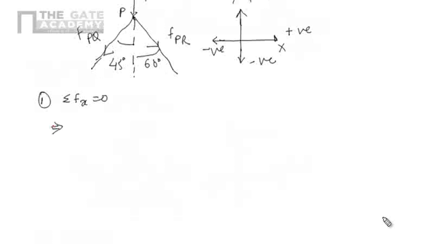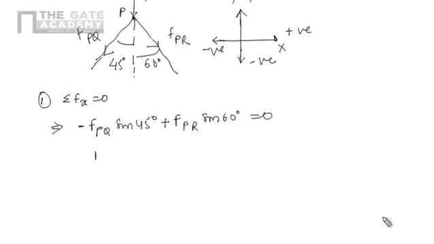In the x direction we have the component of FPQ in the horizontal direction, that is FPQ sine 45 degrees, in negative x, so negative. Similarly, the component of FPR in the horizontal is FPR sine 60 degrees, in positive direction, equals 0.